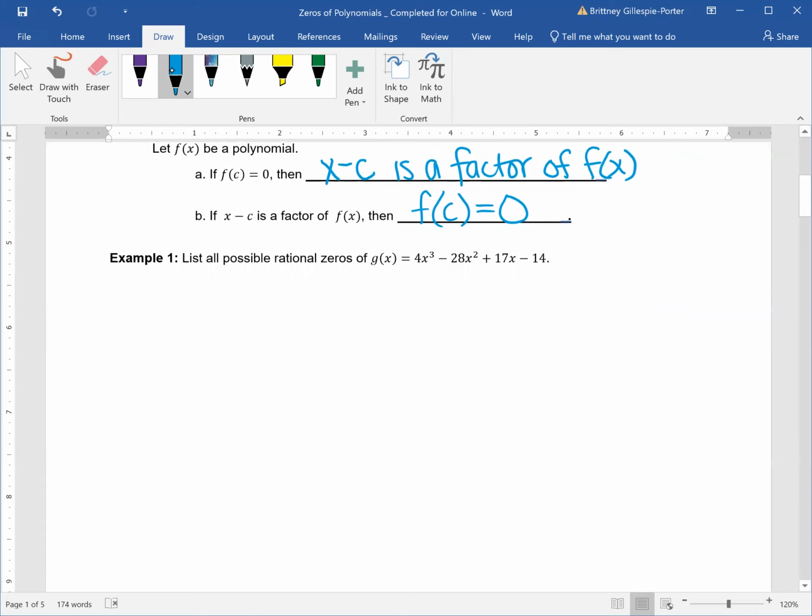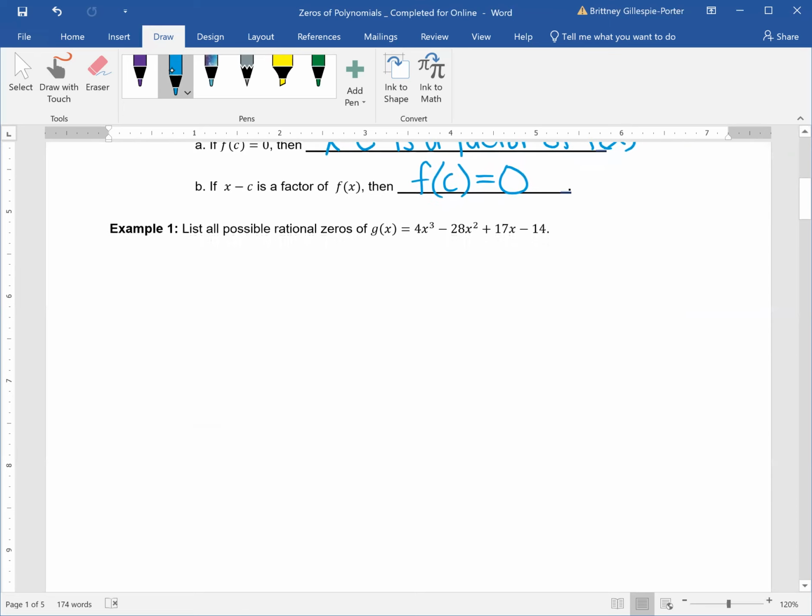All right, let's talk about the possible rational zeros using the rational zeros theorem of this polynomial. And it's a polynomial in descending order. Our constant term, our a naught, is 14.